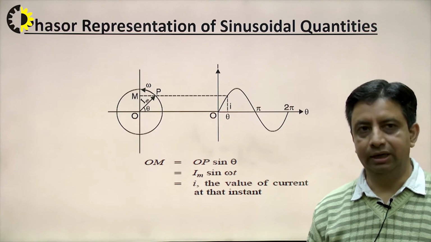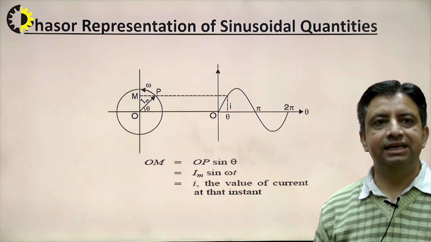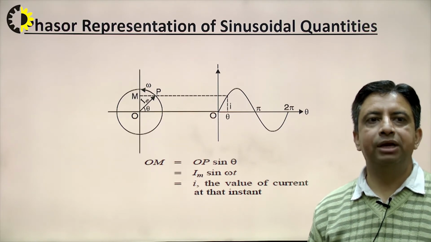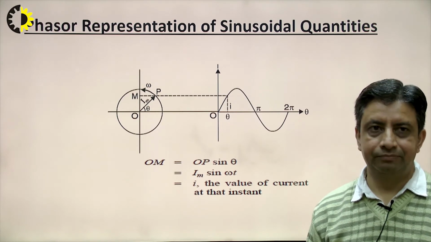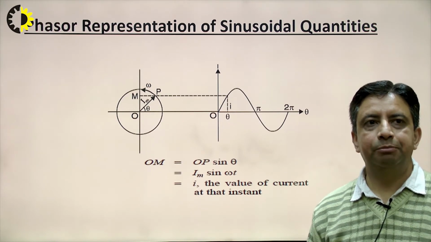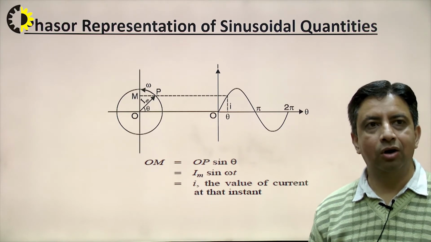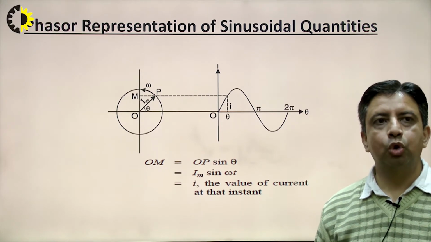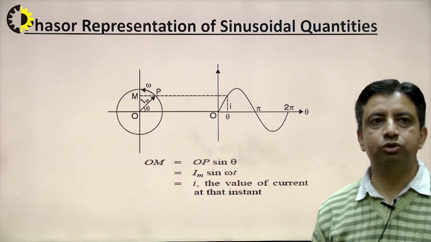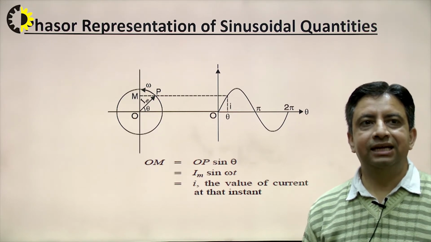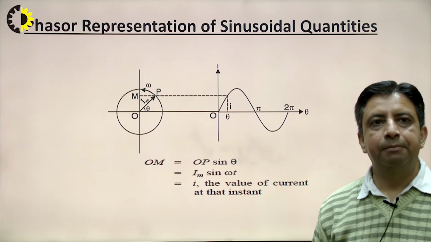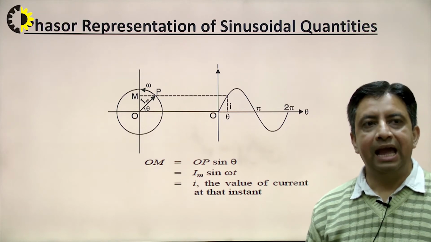alternating current quantity. Now, here you can see it is written that OM equals OP sin theta. We have taken the projection of this OP line on the y axis, that is the vertical axis. So OM is the projection of OP at any instant when this phasor has moved by angle theta.